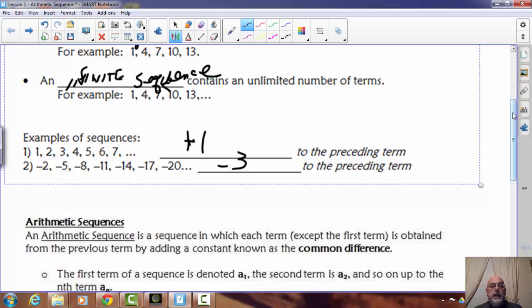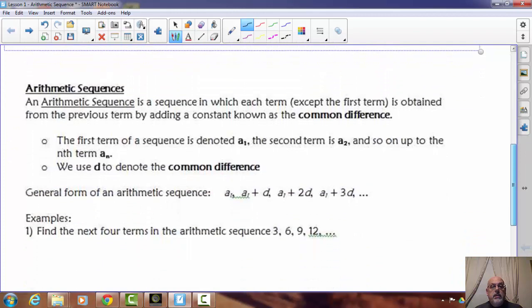An arithmetic sequence is a sequence in which each term is obtained from the previous term by adding or subtracting, depending on whether it's positive or negative, something we refer to as a common difference. When we're looking at a formula, D is the difference. D could be positive, D could be negative.